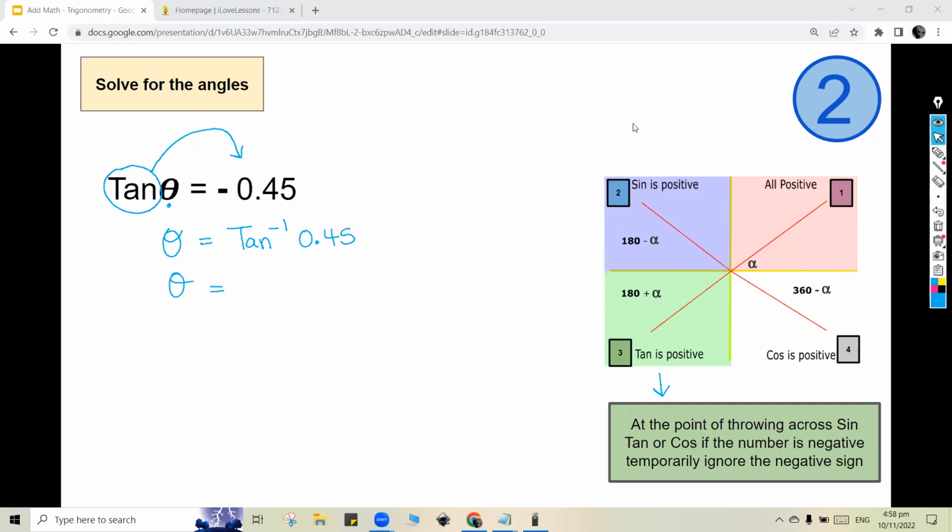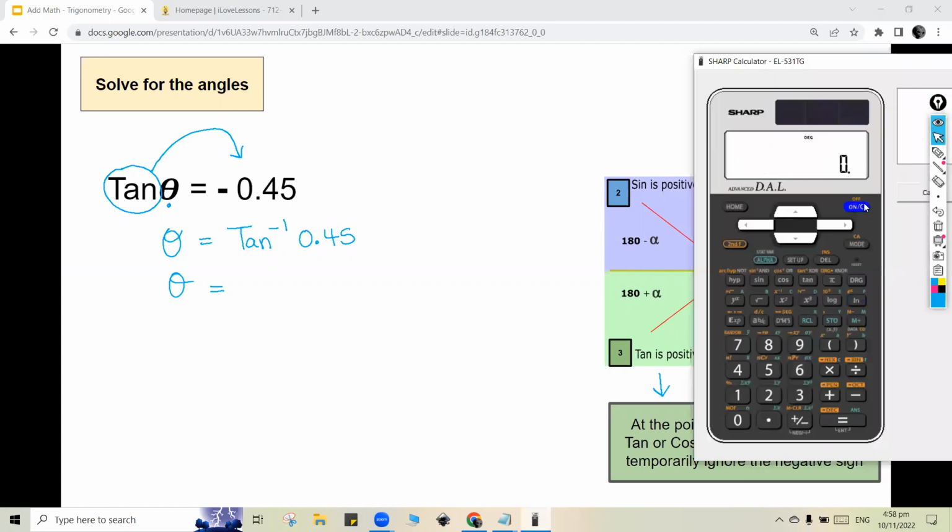Right. Let me go to my calculator as well. Second function, tan positive 0.45. I'm ignoring that negative sign. And I'm getting 24.23. Yep, that is looking correct. 24.23.